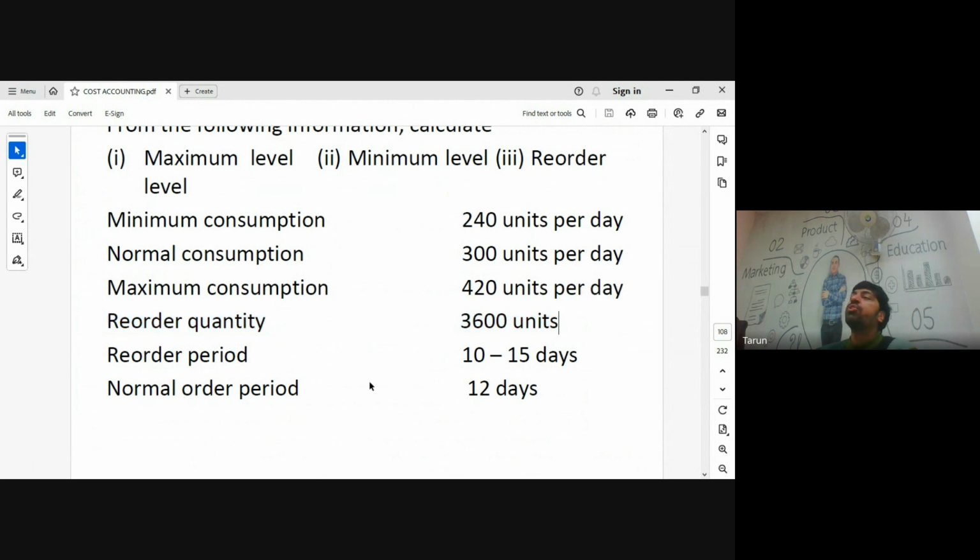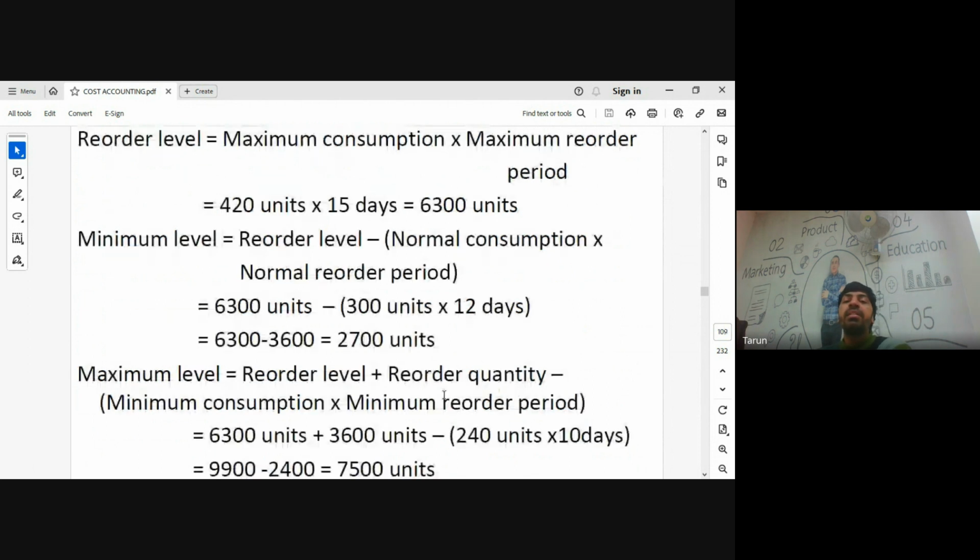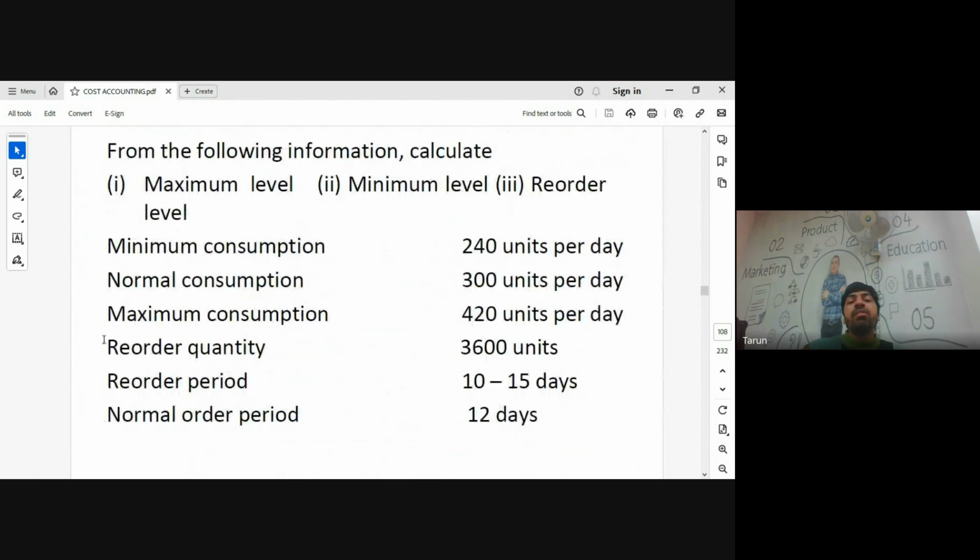So either you use the formula if the information is not mentioned in the question, or if the reorder quantity value is given in the question, there is no need to apply any formula. It is given already, reorder quantity is 3,600.